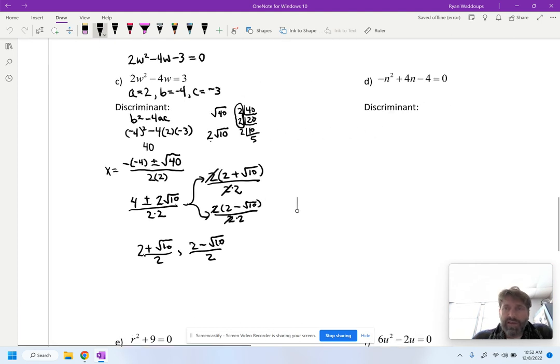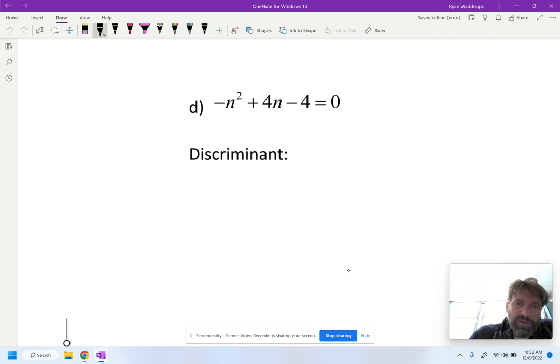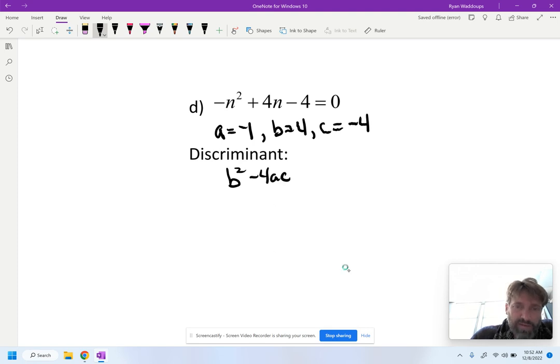All right, let's look at D. Now, D is in standard form, but this time we see a negative in the front, so A is negative 1, and B is 4, and C is negative 4. So my discriminant is B squared minus 4AC, and B is 4, so I get 4 squared minus 4 times A, and A is negative 1, and C is negative 4.